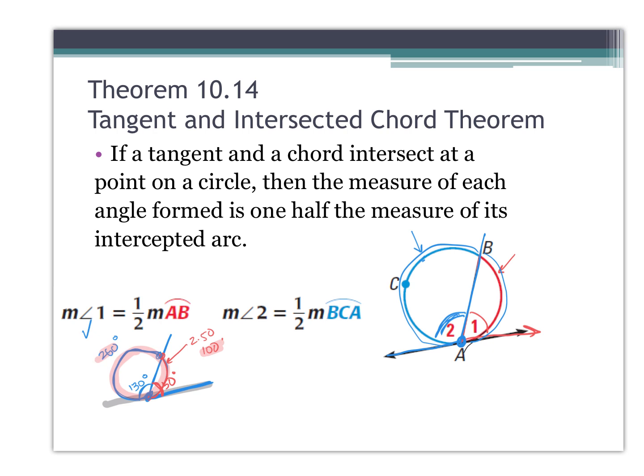So the 100 and 260 makes sense, since they add up to 360. And notice that this tangent line is always going to be a straight line and add up to 180 degrees. So these two angles will always end up adding up to 180.